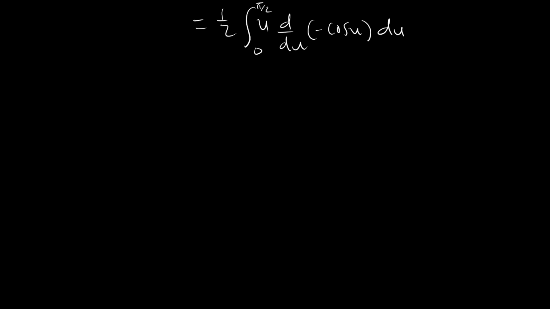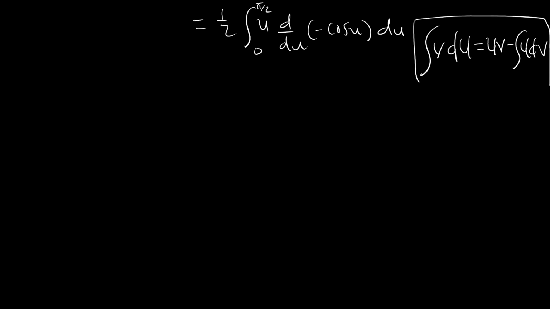Integration by parts is a very interesting thing that we're going to use. So we have a product of capital V and the derivative of function u. When you integrate that, you have uv minus the product of capital U and derivative of v. So our u is negative cosine u, v is u.